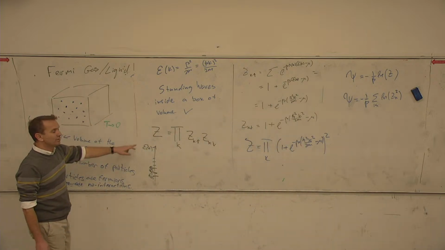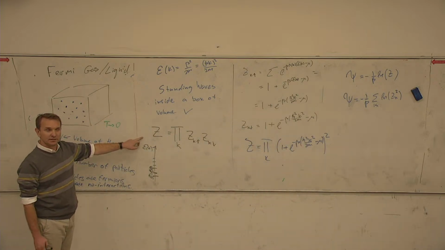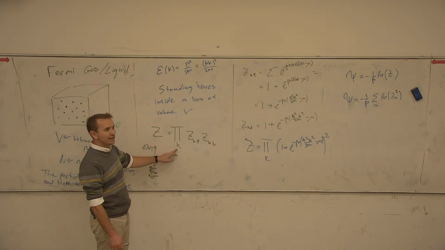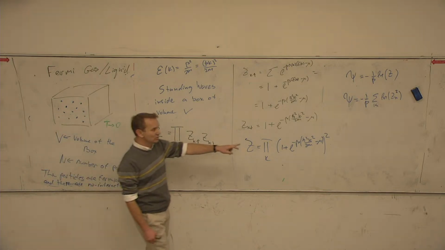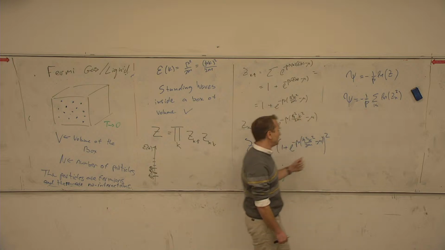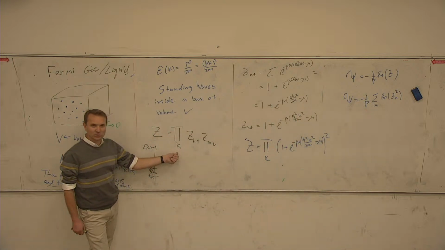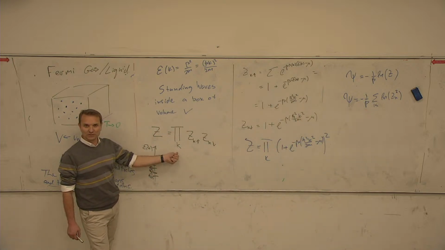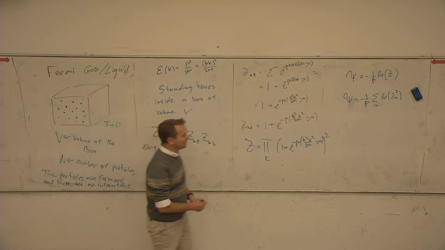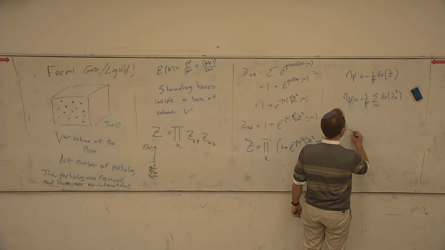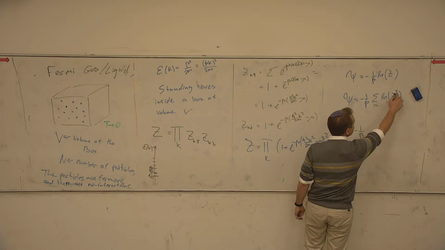But what are the different k's? We have a lot of k's here, a summation. Moreover, the spectrum of k we can assume is continuous. So psi equals minus 1 over beta; let's take the 2 out.